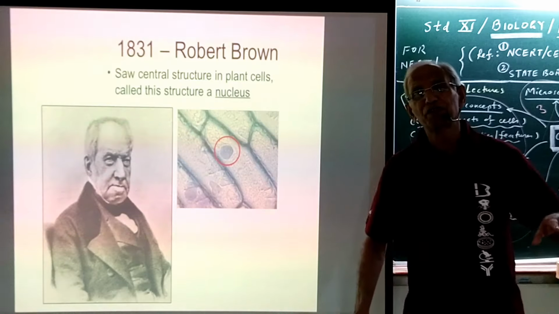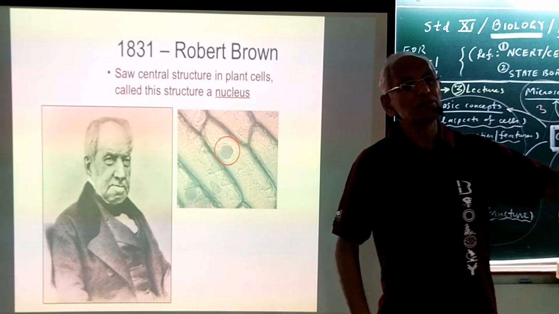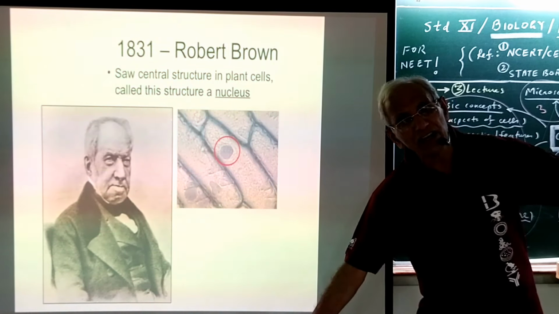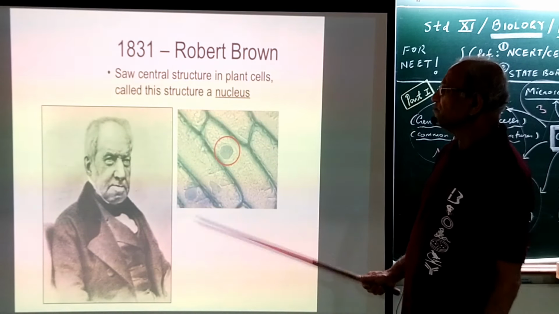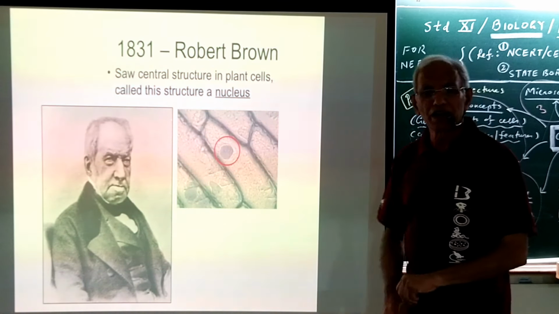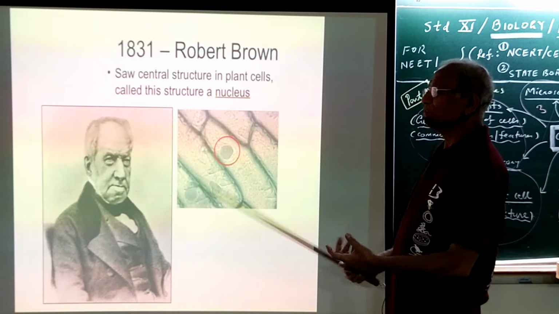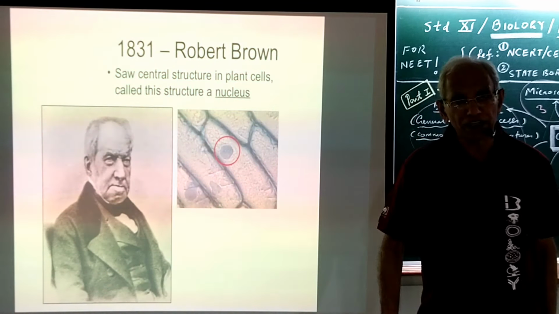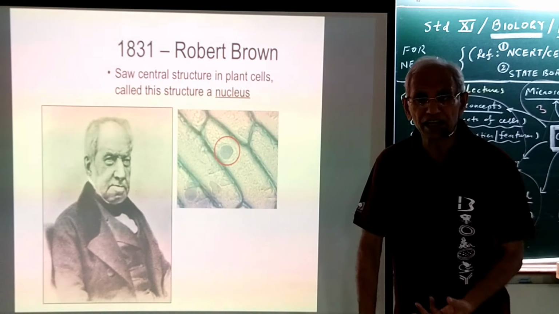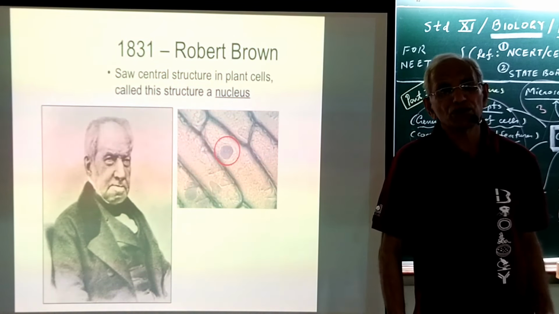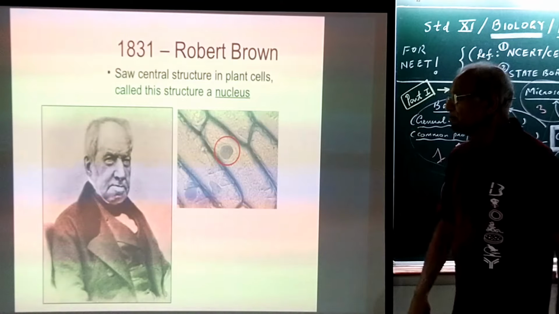So a physics person interested in biology, a biology person interested in chemistry, that was very, very common. He was a little senior to Darwin, and he was a British person again, and he was the one to show that yes, cells have a nucleus. So his contribution to the cell theory is that he pointed out that the nucleus is present. We'll go ahead then.